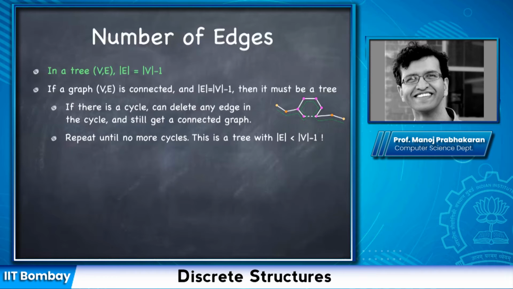And the number of edges is whatever I started with minus whatever number of edges I deleted. I deleted at least one edge here, so I will have a number of edges strictly less than what I started with. Okay, and that is a contradiction, because in a tree you should have the number of edges equal to the number of nodes minus one. So that proves this.